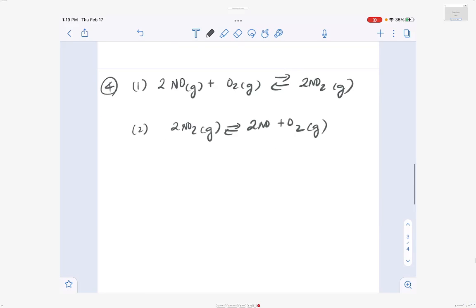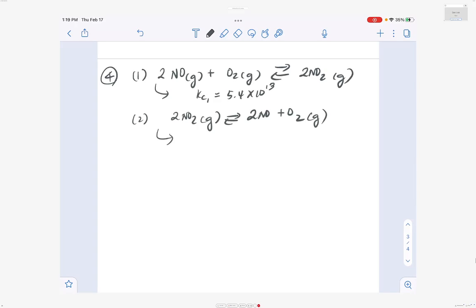The Kc value of this reaction was given, 5.4 times 10 to the power of 13. And then the question was asking for the Kc value for this reaction.